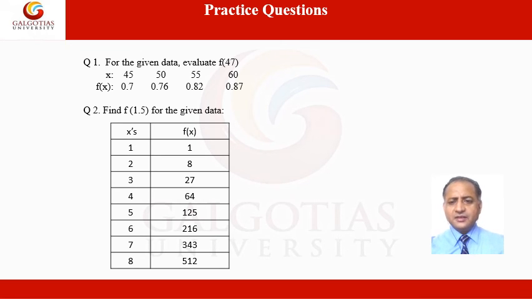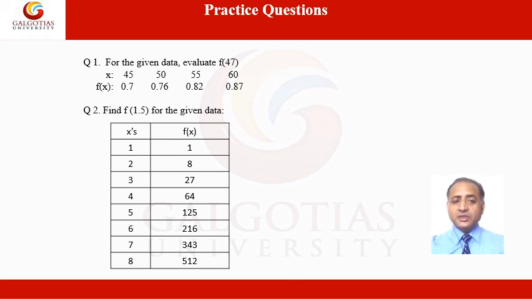So these are the practice questions you can solve by using Newton's forward interpolation formula. The first question is, for the given data, calculate the value of the function at x equal to 47, and the second question, find the value of the function at x equal to 1.5 for the given data.